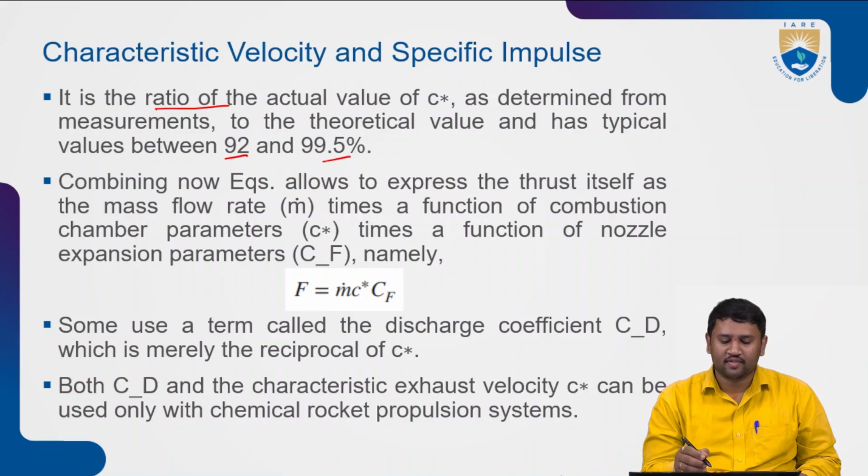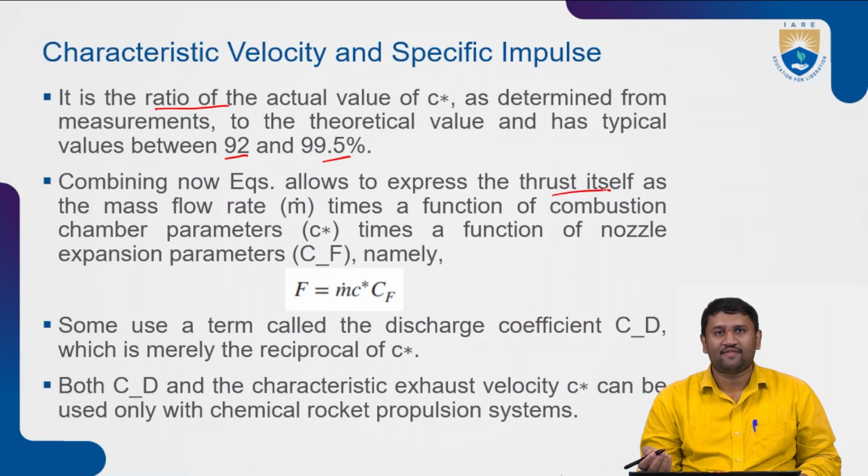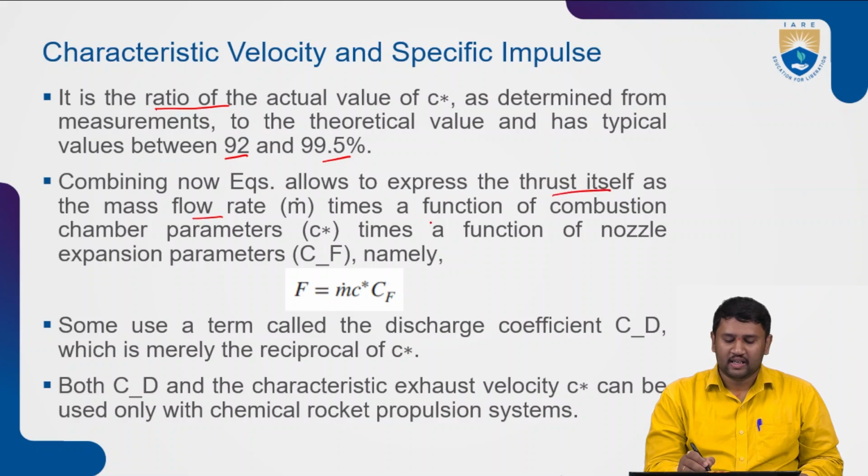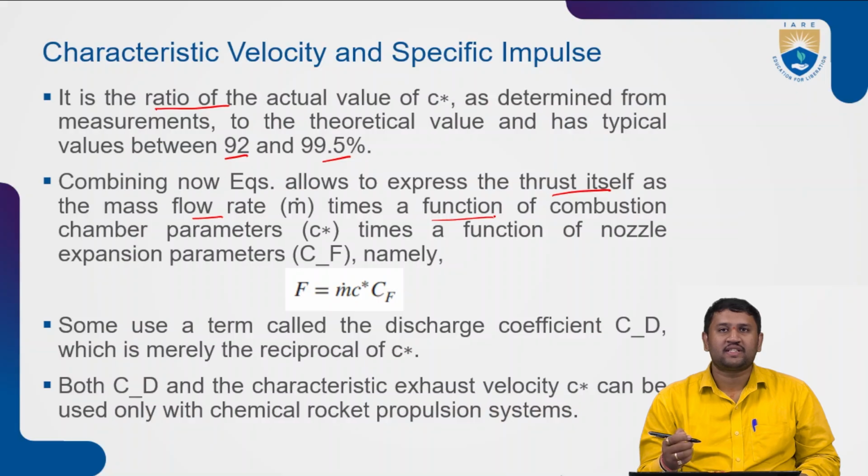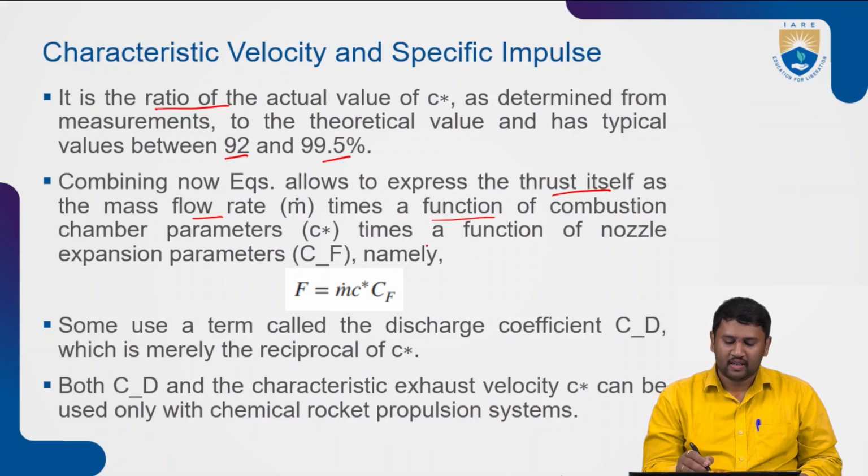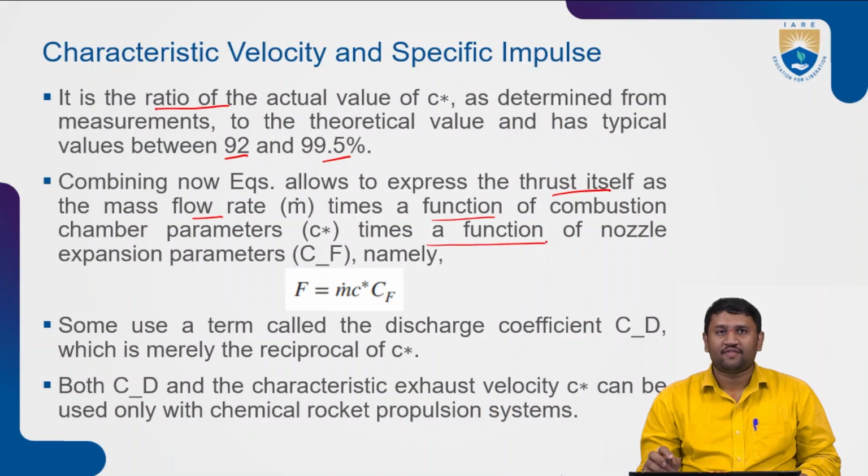The combination of both equations allows us to express the thrust itself as a mass flow rate times a function of combustion chamber parameters and a function of nozzle expansion ratios, namely in this form.